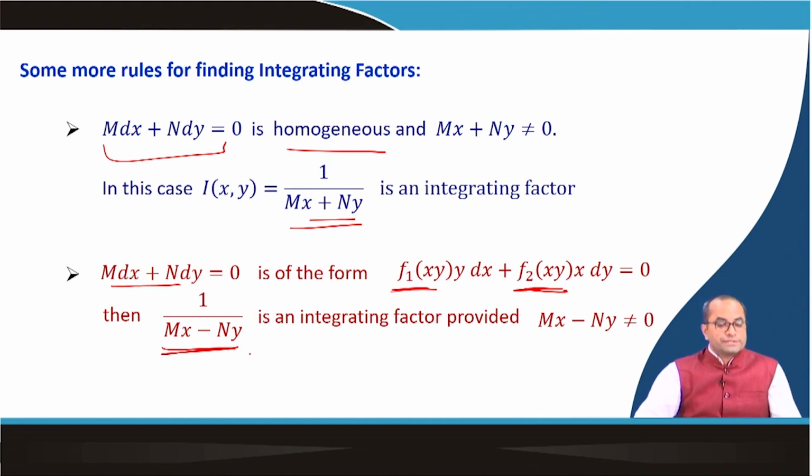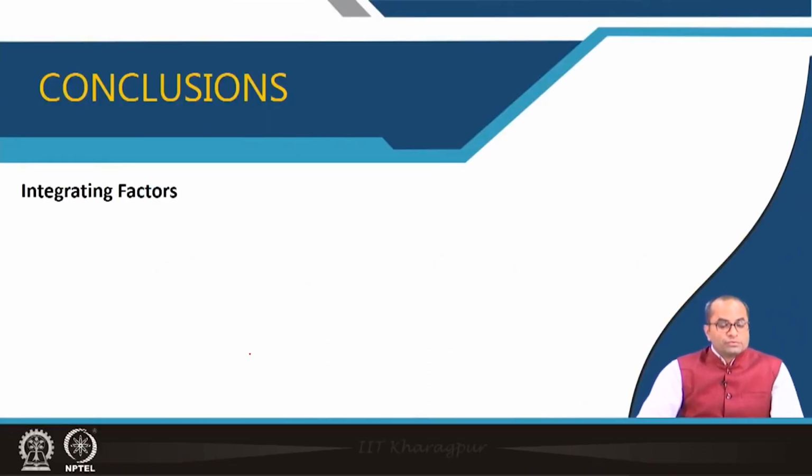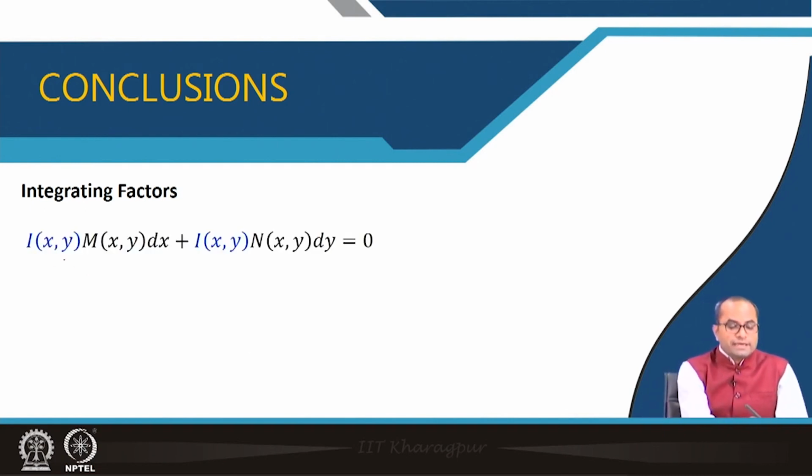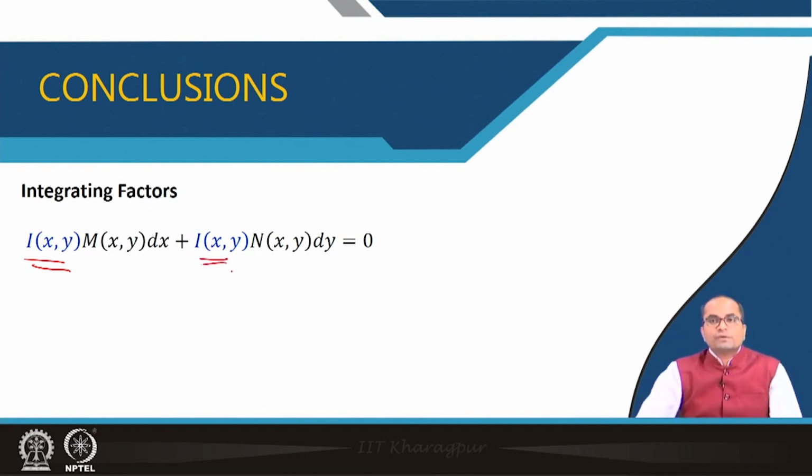So, to conclude, we have gone through a methodology of finding the integrating factor. The idea was that if we multiply a differential equation which is not exact by I(x,y), after multiplication it becomes exact.